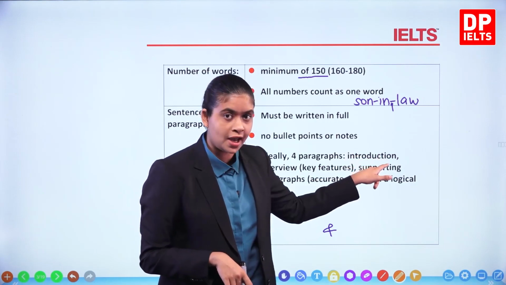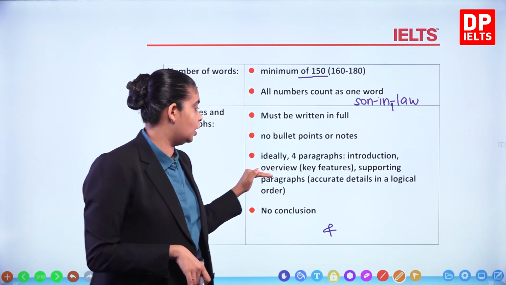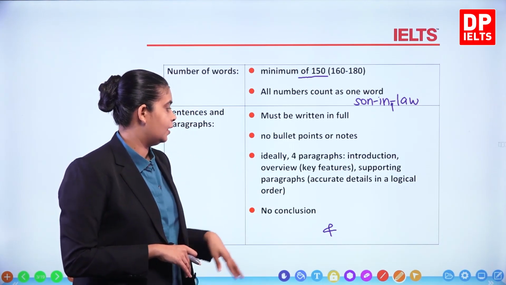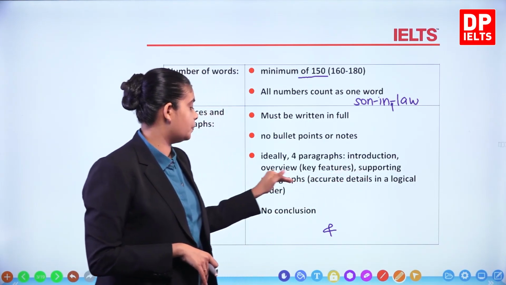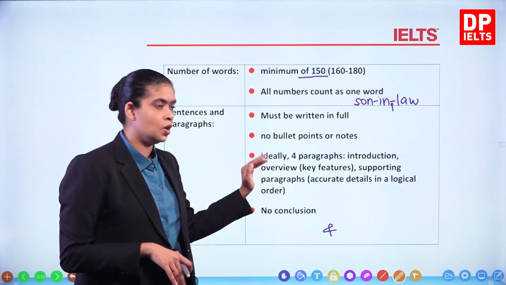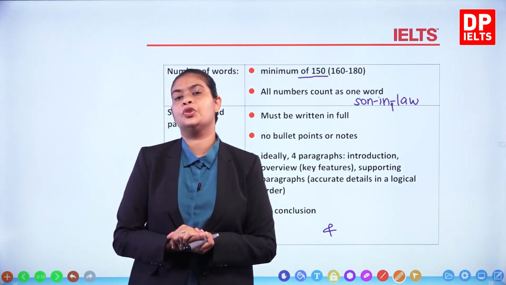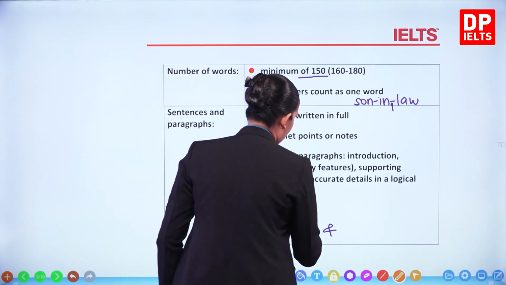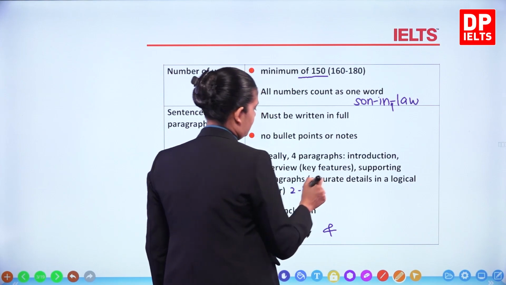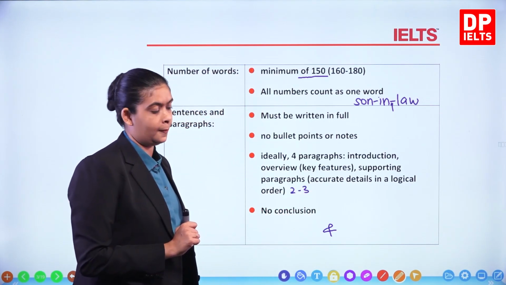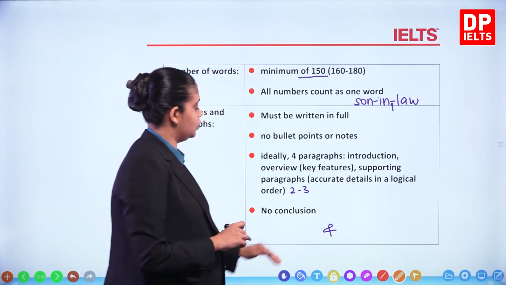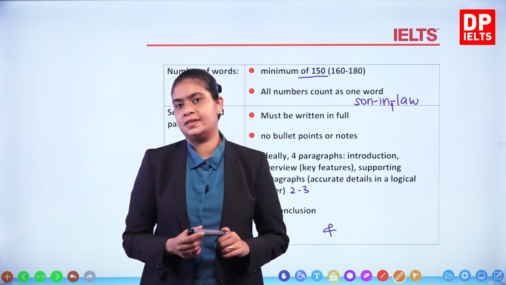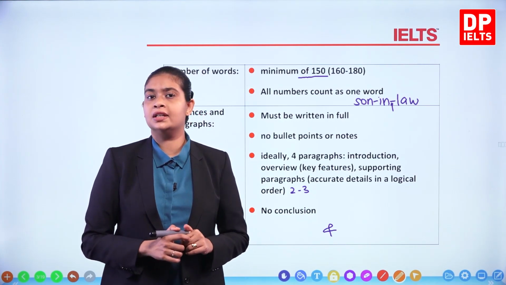You have the introduction. You have the overview, which I told you as the overall para. Then you have your supporting paragraphs, which I will teach you how to write. You can have about 2 to 3 supporting paras. Remember, there is no conclusion. Now, I see some students asking me, Miss, can we write a conclusion?